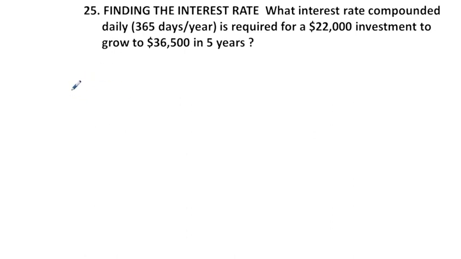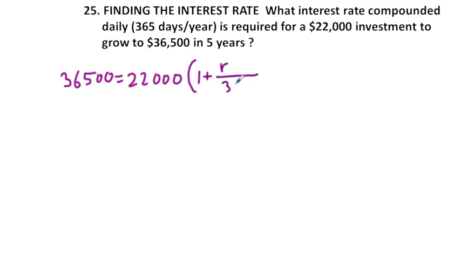We have our final amount, $36,500, is equal to our initial amount, $22,000, and we have 1 plus r, and r is unknown here, r over 365 times 365, which is kt, right, times 5.